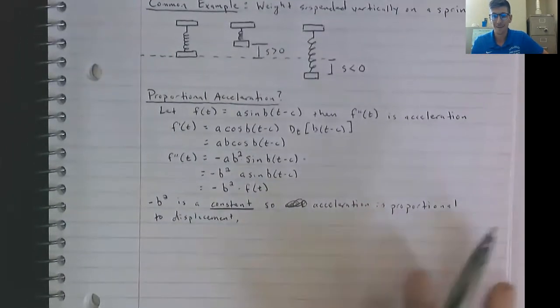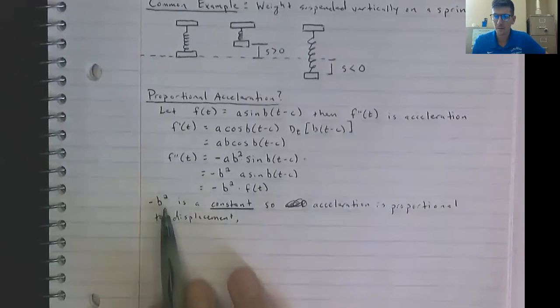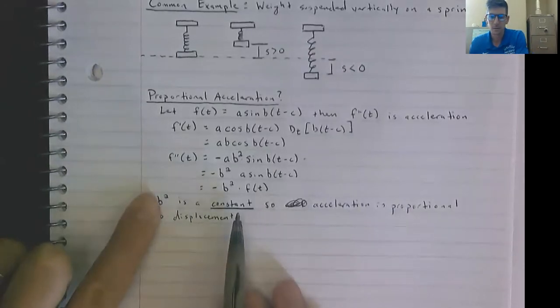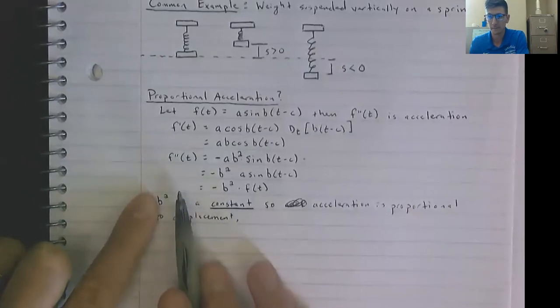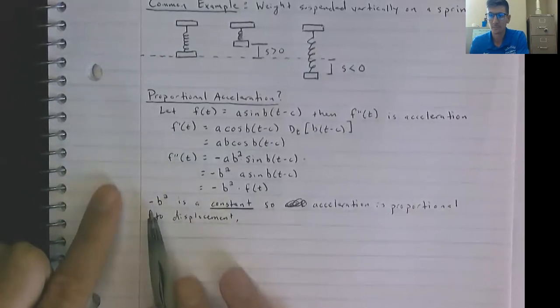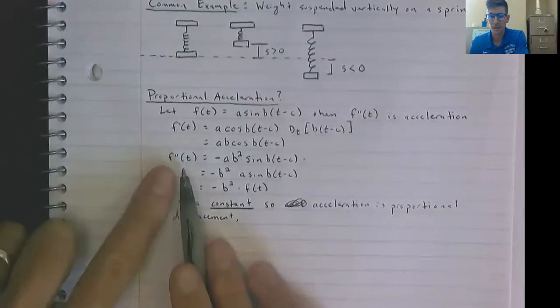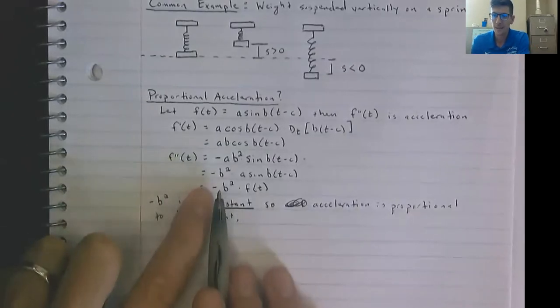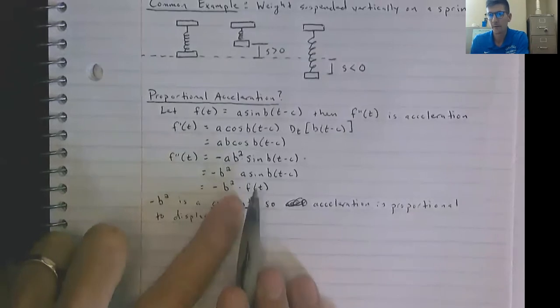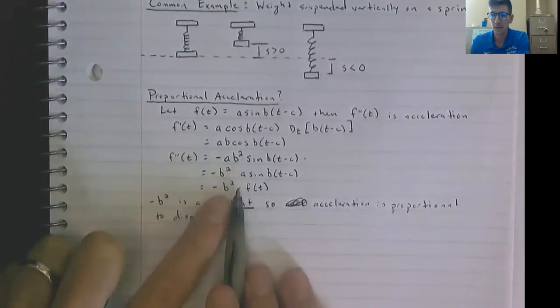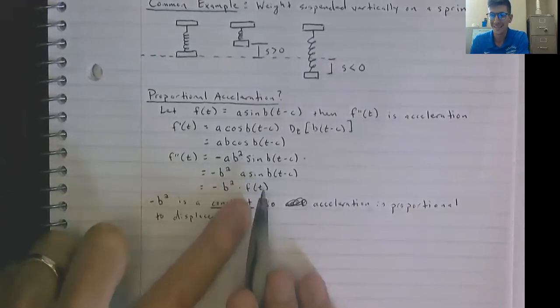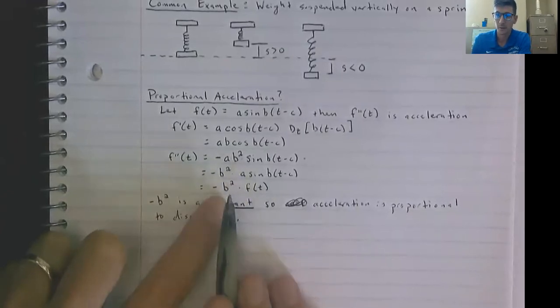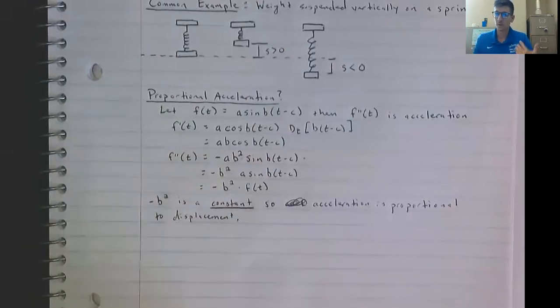Does what we just computed guarantee that? Oh, heck yeah, it does, because negative b squared is always a negative quantity. No matter what b is, whether it's positive or negative, you square it, it becomes positive. And then you hit it with an opposite, it's always negative. So this acceleration always takes the opposite sign of whatever your displacement is. If your displacement is positive, your acceleration is negative. If your displacement is negative, your acceleration is positive, which is part of our definition.